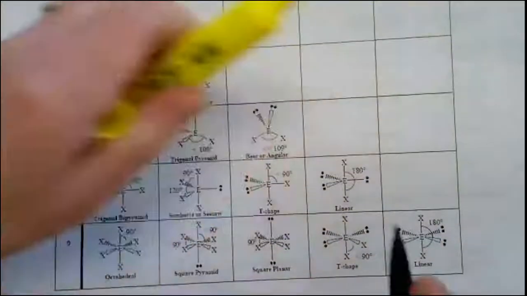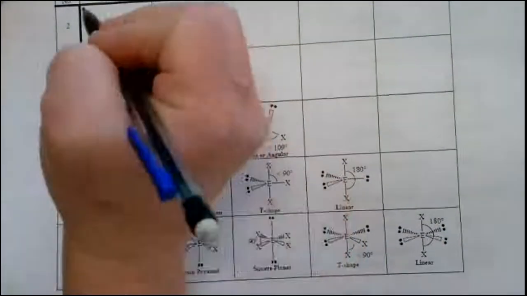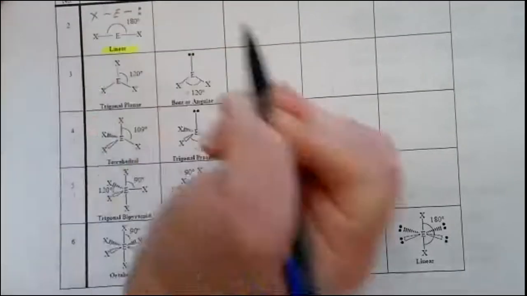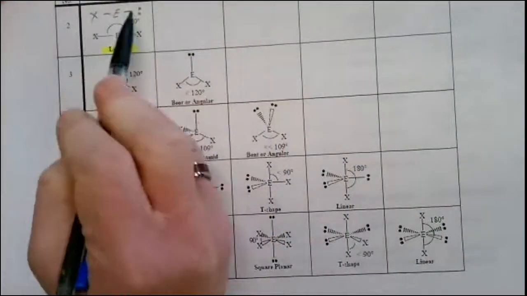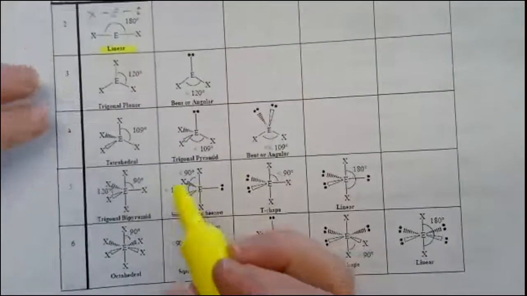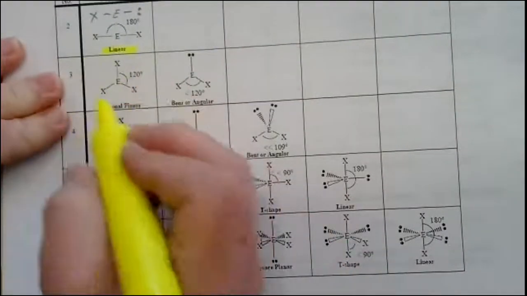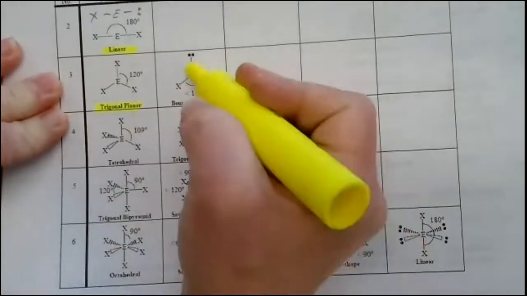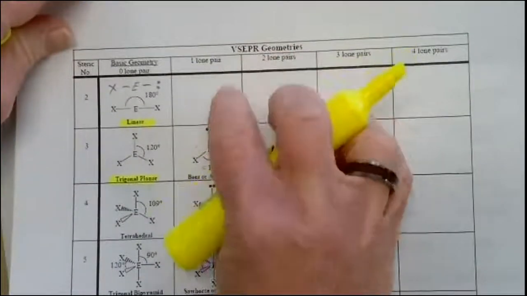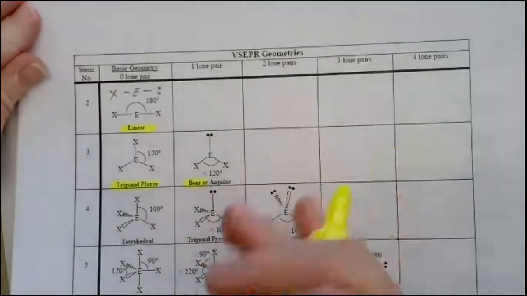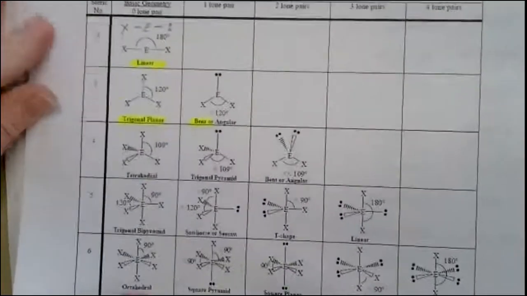But even if one of these is a lone pair, you can't put a lone pair any further than 180 degrees. So no matter if you have 2 total electron areas, it's still linear. But here's 3. If they're all bonded areas, trigonal planar, if one pair is non-bonded, it's bent. Angular is a little bit of an older term.